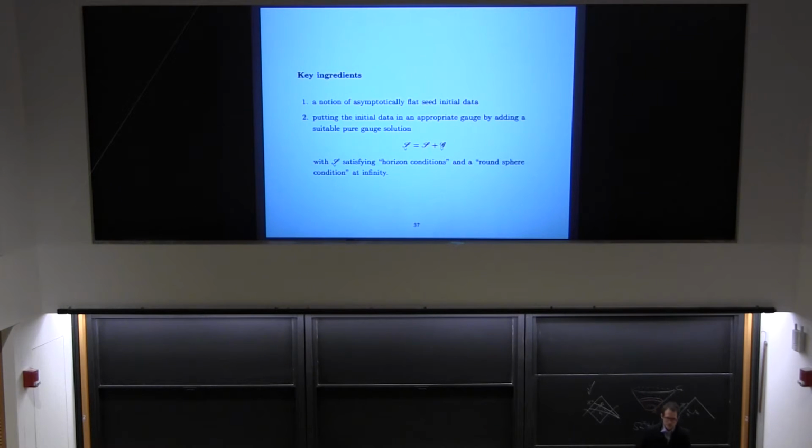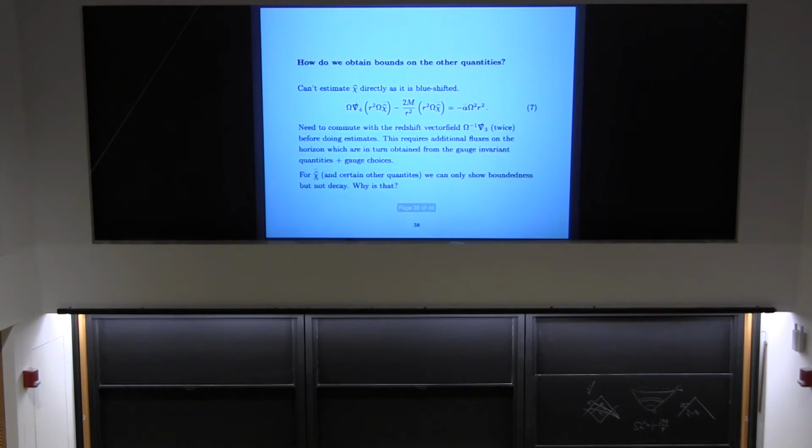So I can use these pure gauge solutions to have my solution S-hat have certain properties. Okay, so I prepare the solution in this initial data gauge, and now I'm starting to estimate the quantities of the solution S-hat.